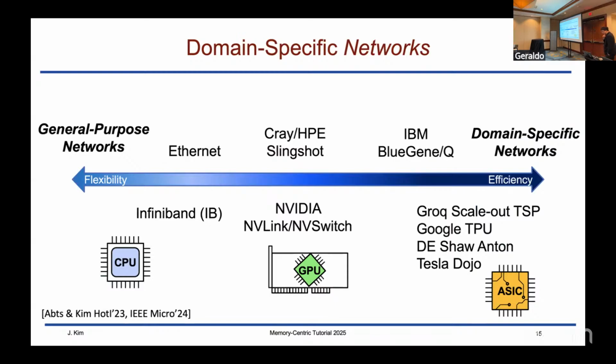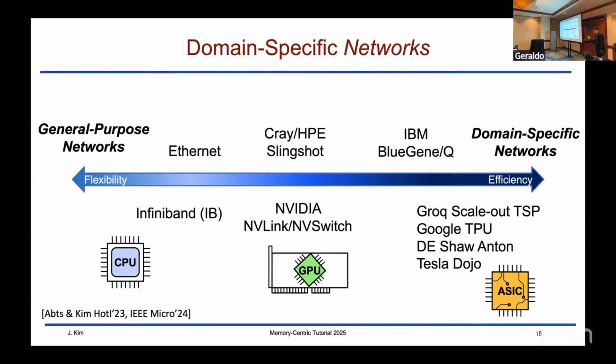We took that same definition and also applied it to networks, in terms of the different types of networks that have been built. You have general purpose networks, Ethernet type of networks, which give you a lot of flexibility, but aren't necessarily the most efficient. If you look at various specialized systems that have been built, you would argue that they have domain-specific networks.